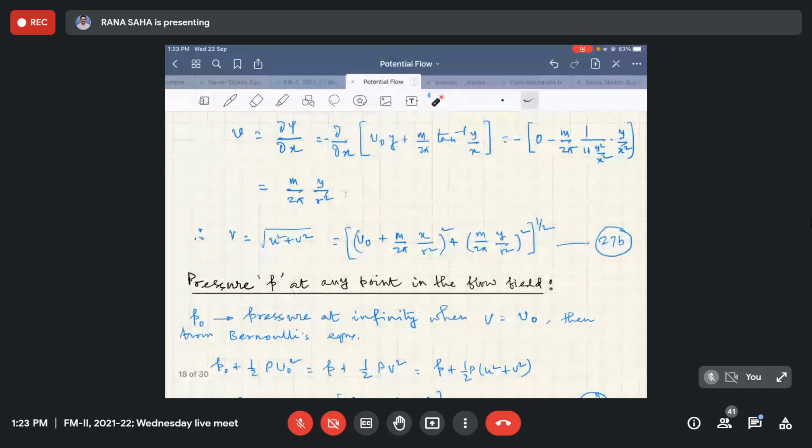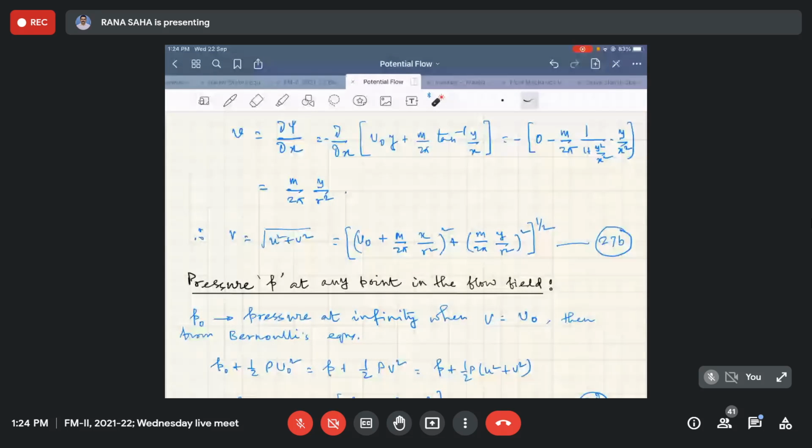After having this kinematic description, the pressure at any point in the flow field can be obtained by simply using the governing equation we saw at the very beginning, that is the Bernoulli equation.